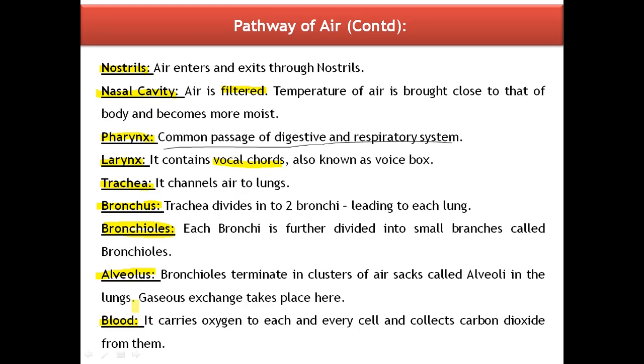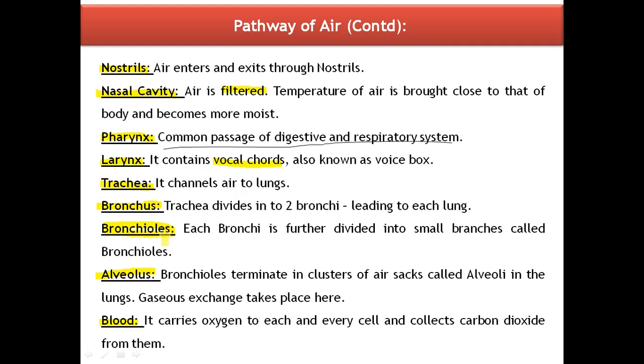The carbon dioxide comes out in the same path vice versa, that is, blood capillaries to alveoli, to bronchioles, to bronchus, to trachea, larynx, pharynx, the nasal cavity, and expels out through nostrils. The air in this whole passage is moist and warm.